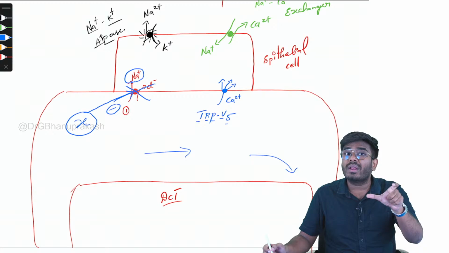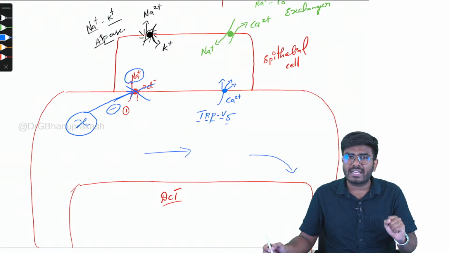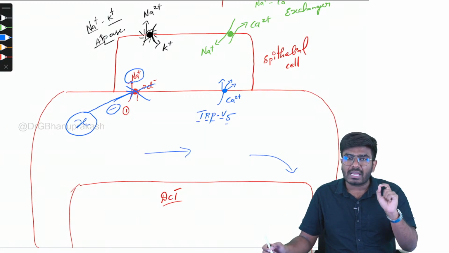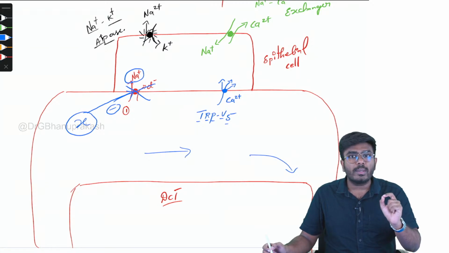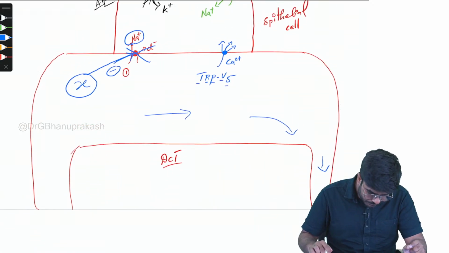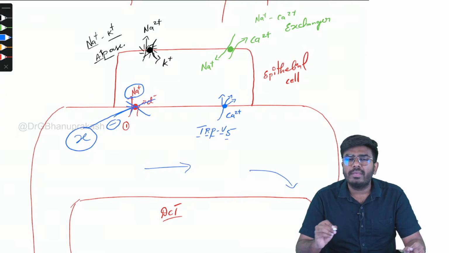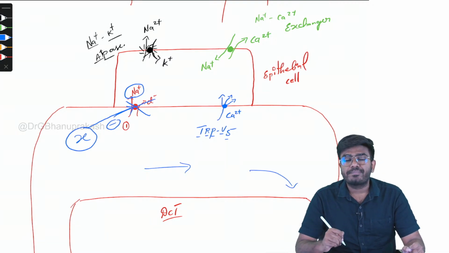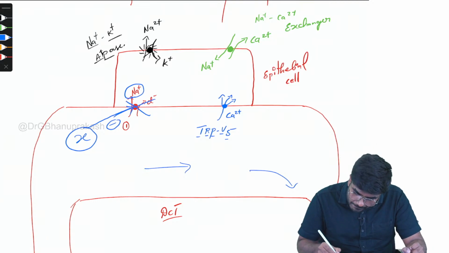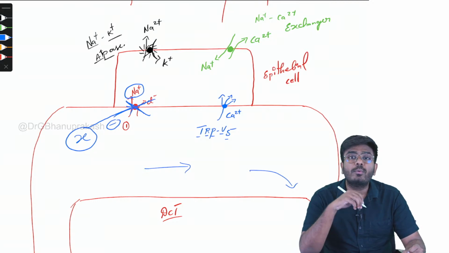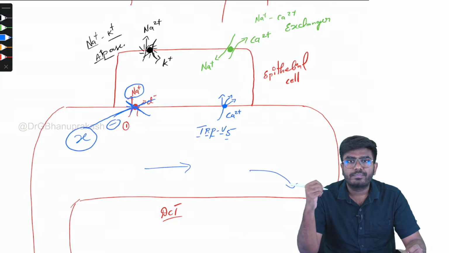So again, one more kind of diuretic drug. Can you name the diuretic which is coming and inhibiting the sodium chloride importers? Yes, I will try to go a little slow. What is the name of those kind of diuretics?